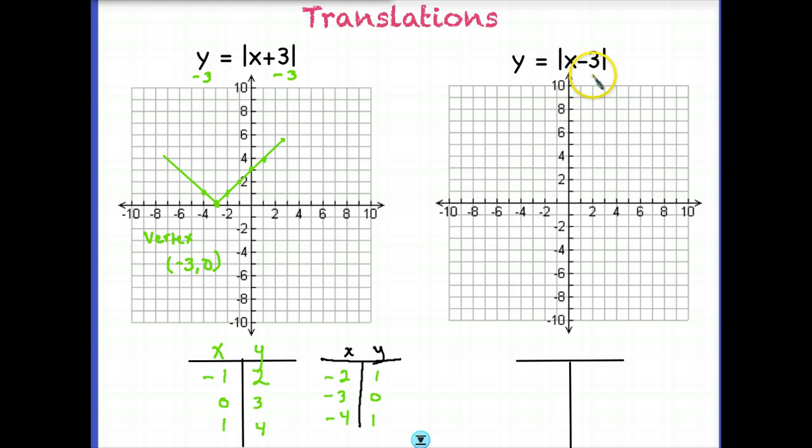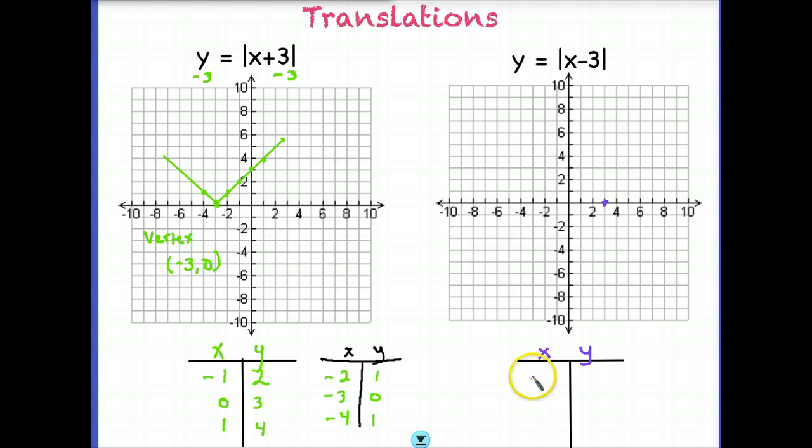Okay, so we can do the same thing here. We have x minus 3, so let's go ahead and use some points. Now again, I'm going to predict, since this one shifted to the left and it was a +3, that this one is going to shift to the right. So I'm assuming that my V is going to be right here at 3, 0.